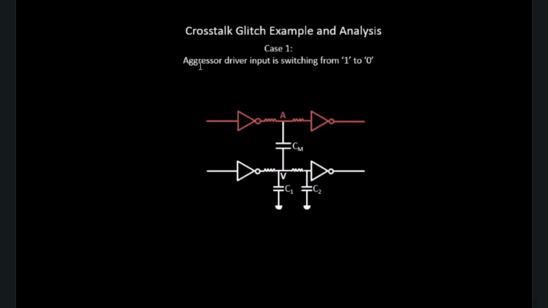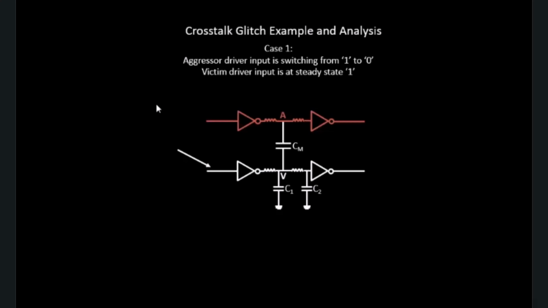Okay, so the case is aggressor driver input is switching from logic 1 to logic 0. So this is the aggressor driver input that we are talking about, and this particular driver is switching from logic 1 to logic 0. That is the first assumption. And the second assumption is that the victim driver input is at steady state logic 1.